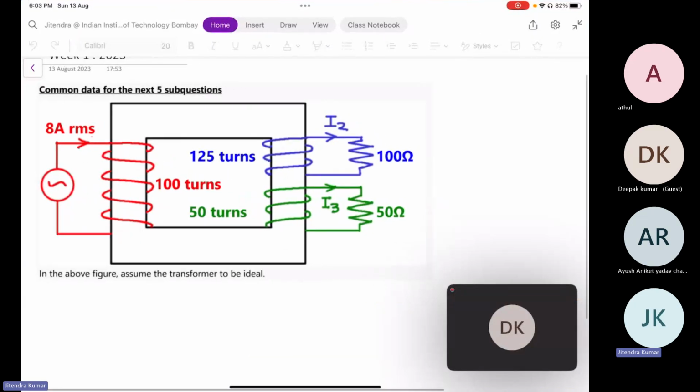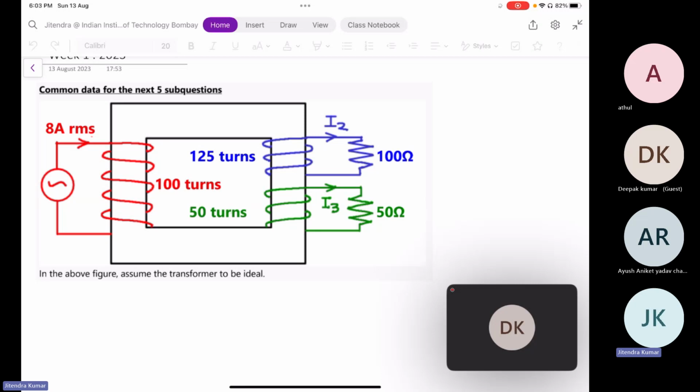So this was the problem, right? I think the number of turns of the secondary winding has been changed in this, which is different from last year's problem.